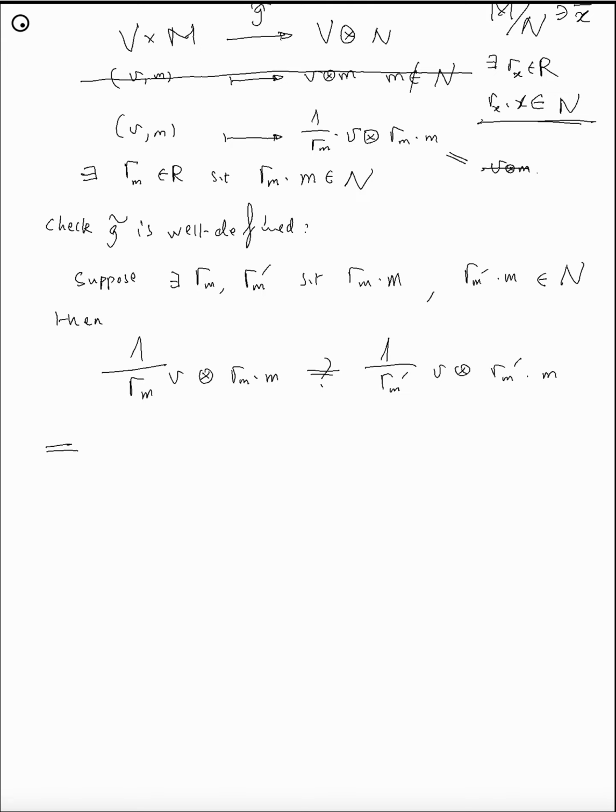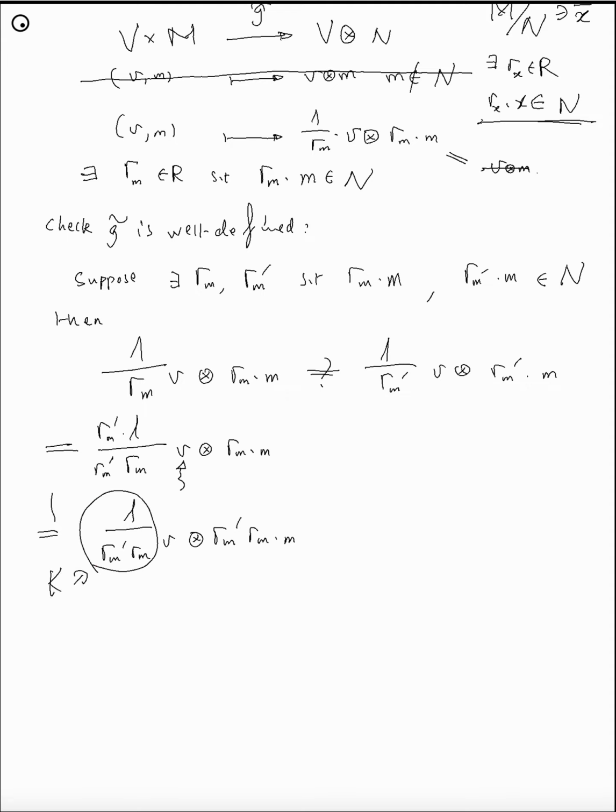So let's check it. This is the same as r_m prime, r_m prime, r_m m, and then let me just move one r_m prime to the right hand side. This works because this is a K vector space, so what you left is still in K, it is okay.